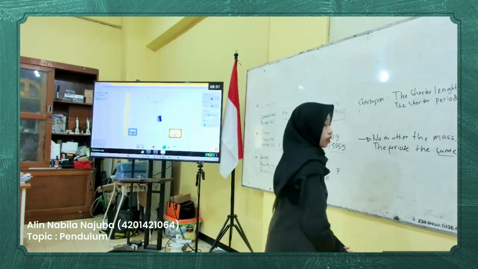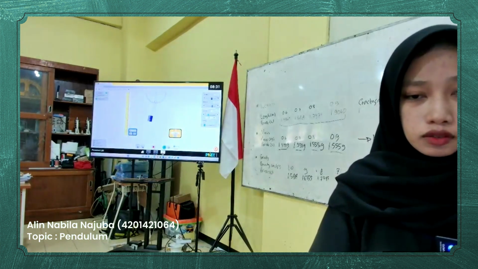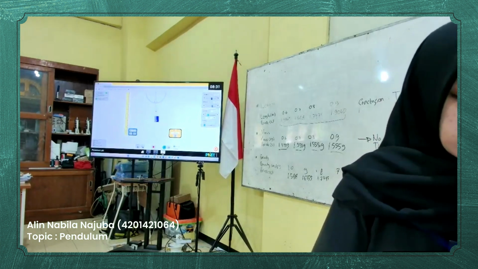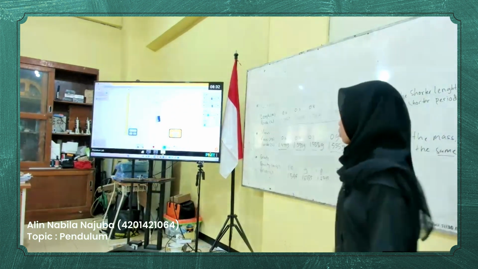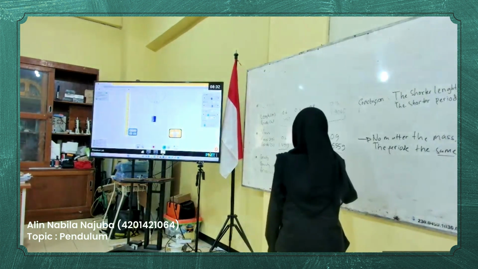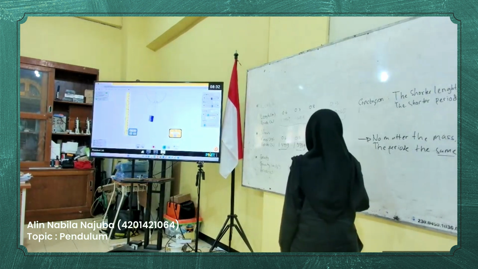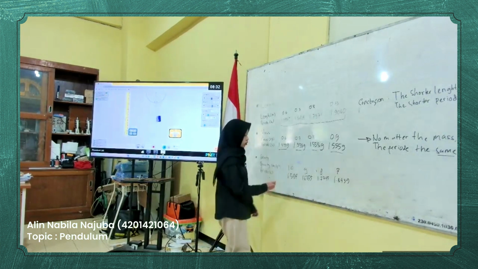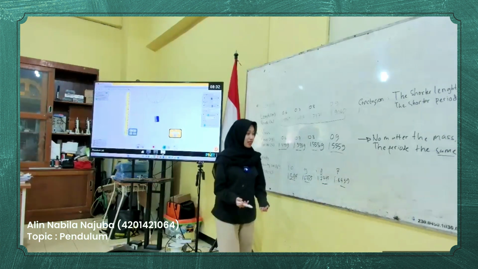And the last, if the gravity is 7, the period is 1.8439. Look at the period. Change, right?